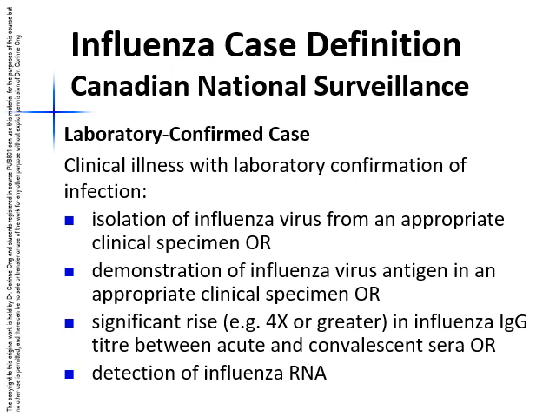This can be by isolating influenza virus from an appropriate clinical specimen through culture, or demonstration of influenza virus antigen in an appropriate clinical specimen, or determining that the IgG antibody titers in the convalescent sera of the case is at least 4 times higher than those present in the acute sera. Aside from serological tests, nucleic acid tests can also be used to detect influenza RNA.